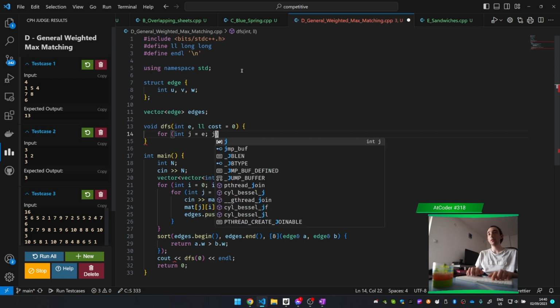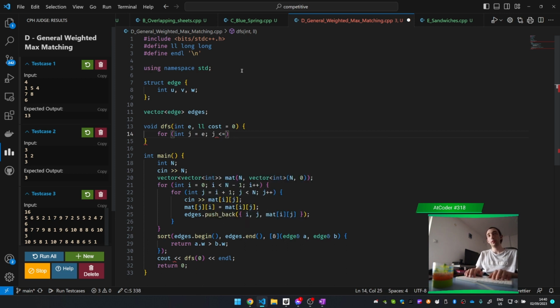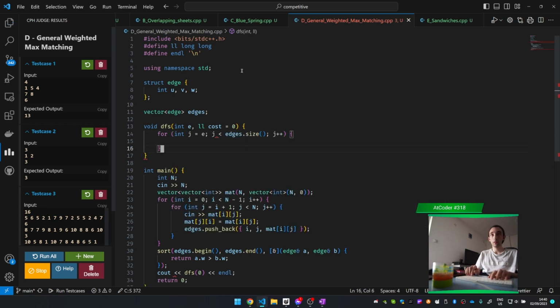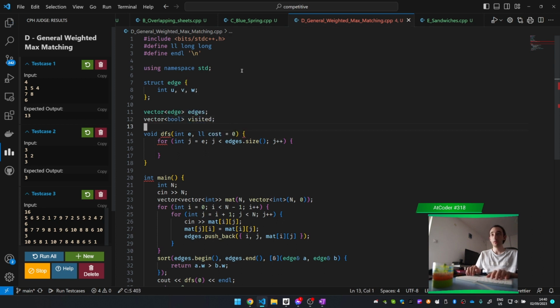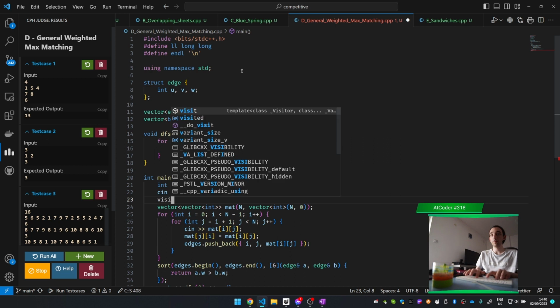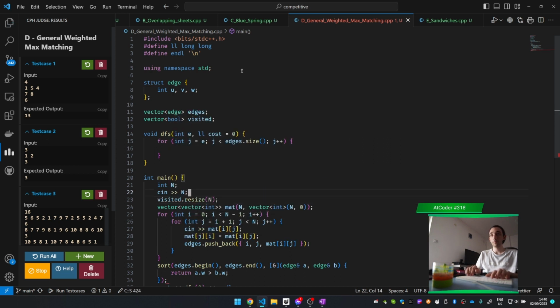Starting at this edge, and then to edges dot size. Also, I need to have some matrix that is visited. So this is edges at J.